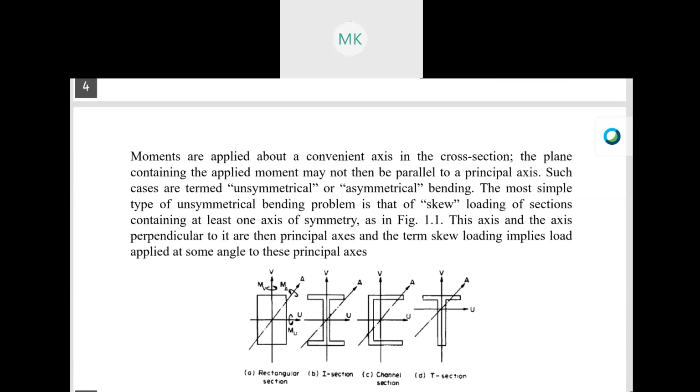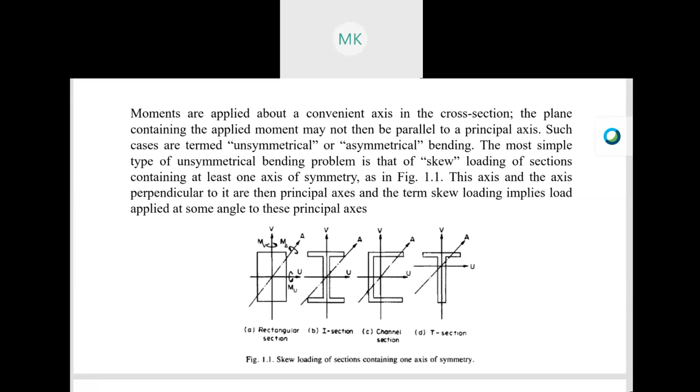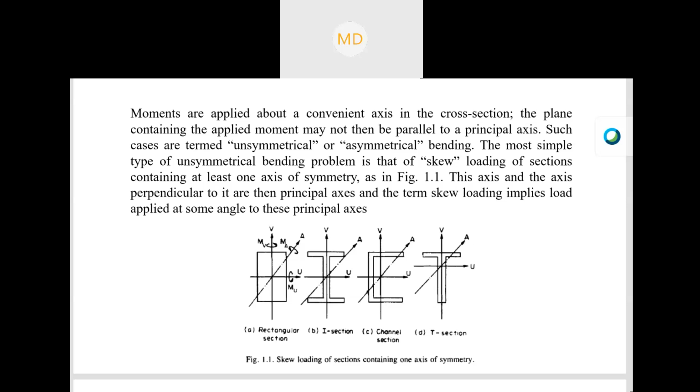So here you see there are some examples of sections. Okay, as you can see here, there are some sections, for example rectangular, I section, channel, and T section. Okay, so you can see that if we cut this section in the middle, for some sections we will get exactly the same image of each other, like a mirror image, but for some sections we will not get it.